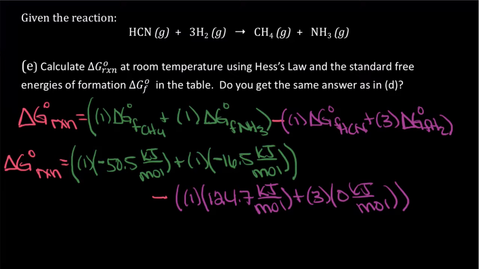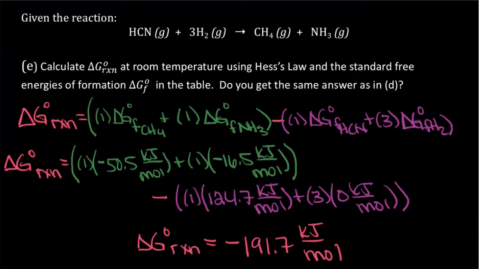And also, just like the enthalpies of formation of the free elements at SATP, the Gibbs free energy of formation is 0 kilojoules per mole of hydrogen. When we put that into our calculator, we find that the Gibbs free energy change for the reaction is negative 191.7 kilojoules per mole, which is the same answer we got as the previous way that we did it with the delta G equals delta H minus T delta S equation.